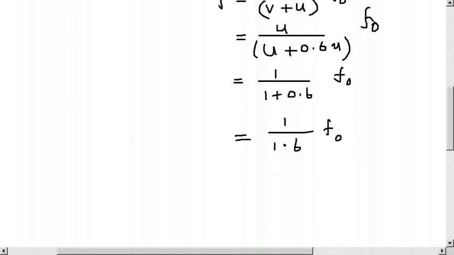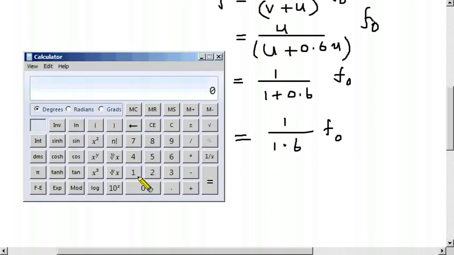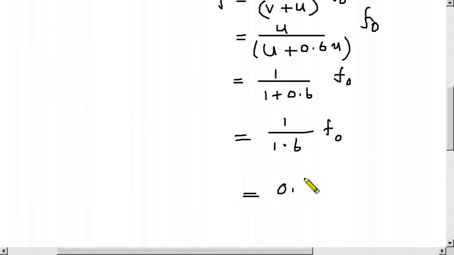I use the calculator to save time, but you don't use it because you are not allowed. 1 divided by 1.6 is 0.625 f naught. So this is the minimum. It doesn't go to 0. This is the minimum.